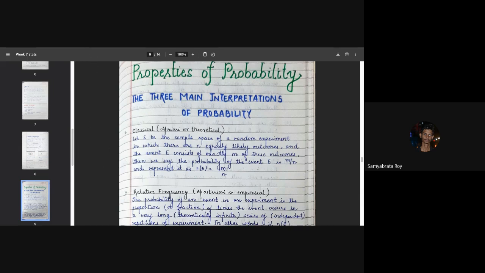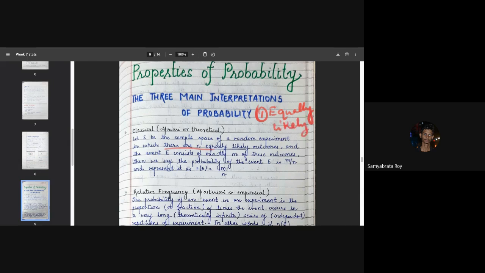The first assumption is that the events are equally likely. What do you mean by equally likely?